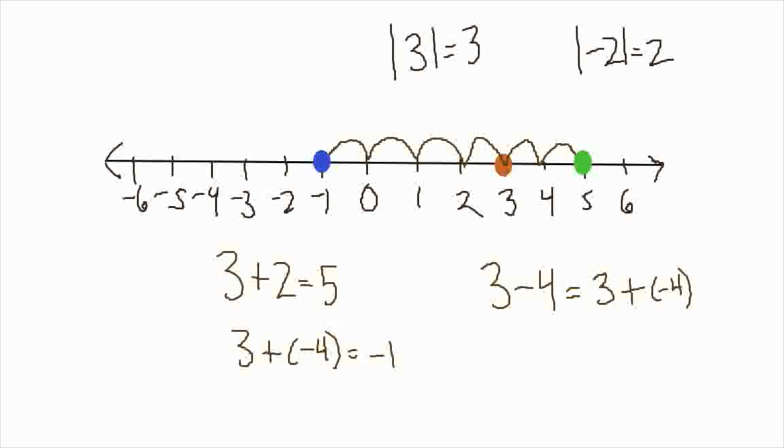What about if I did probably the weirdest, hardest one, 3 minus -5? How are we going to interpret that one? Let me stick with 4 instead, since we've done other examples with -4 and 4.